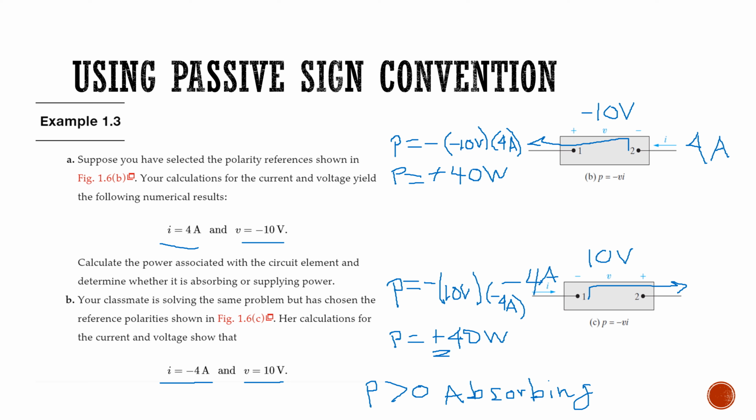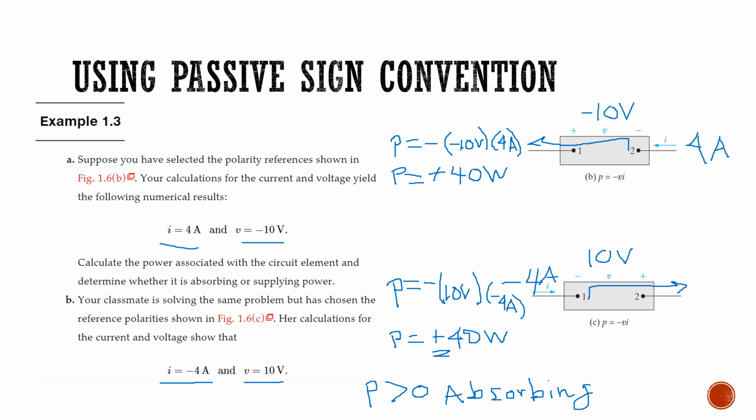Okay, now both of these circuits and the polarity references on these circuits neither uses the active sign or the passive sign convention. Rather, this is called the active sign convention. And I like to use the passive sign convention.